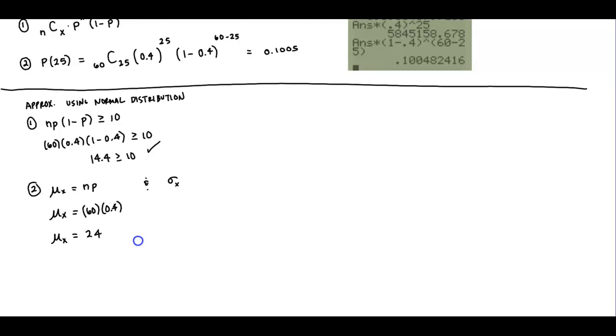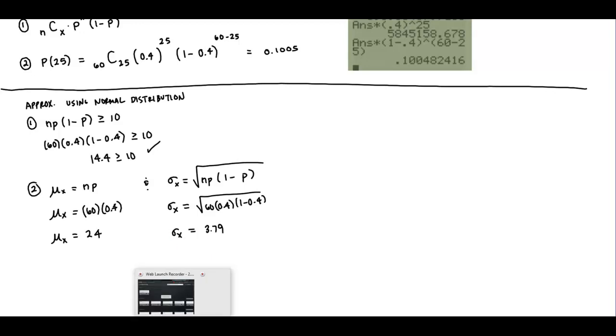And the standard deviation is going to equal the square root of n p times 1 minus p. So we have the square root of 60 times 0.4 times 1 minus 0.4, which gives us approximately 3.79 as the standard deviation.